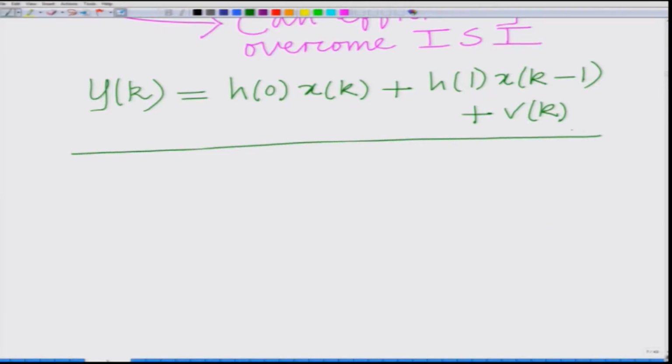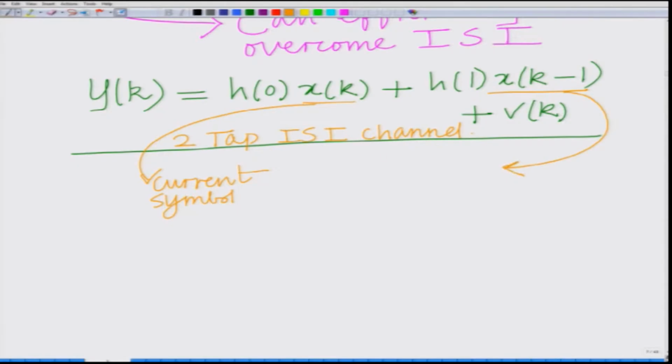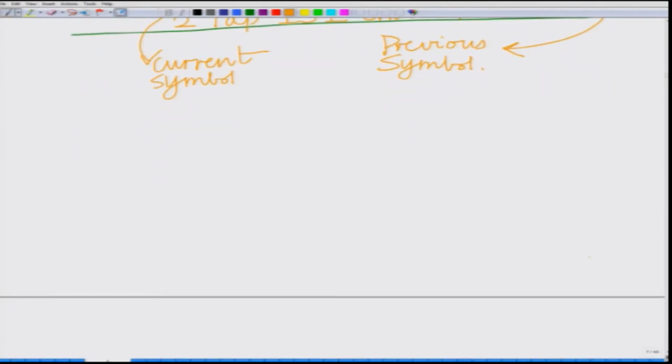So this is basically the model for your 2-tap ISI channel, where the taps are h0 and h1. xk is the current symbol, xk minus 1 is the previous symbol, all right. So there is inter-symbol interference of the previous symbol xk minus 1 on the current symbol, and we said OFDM can be explained as follows.